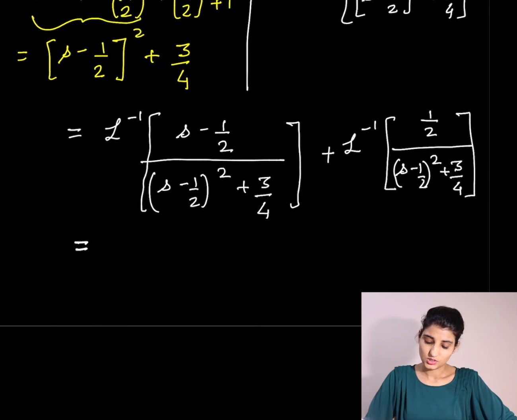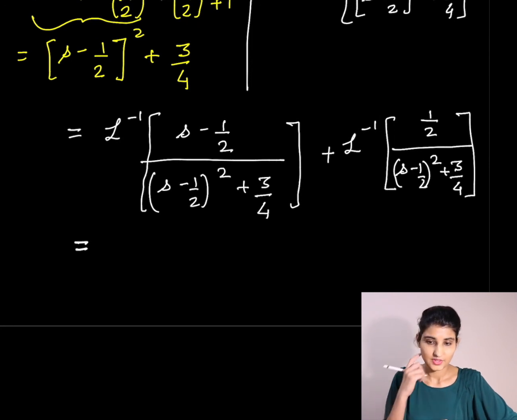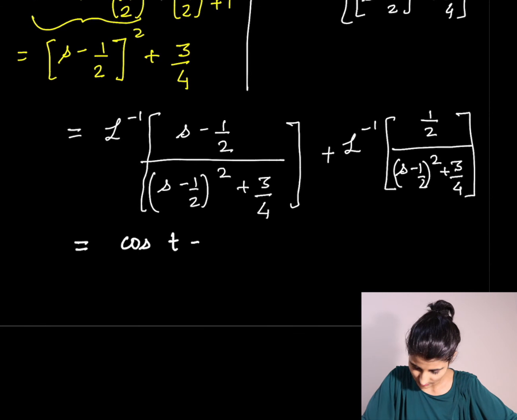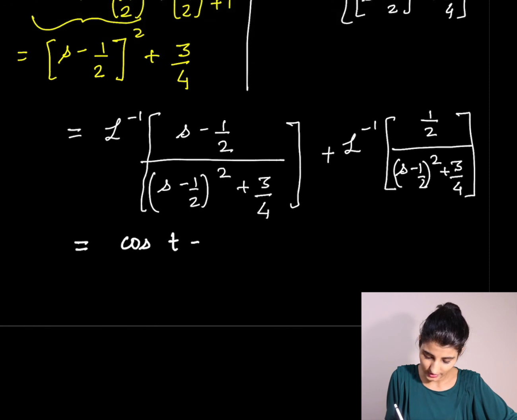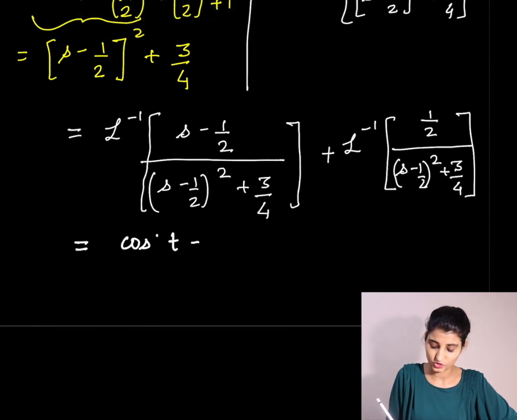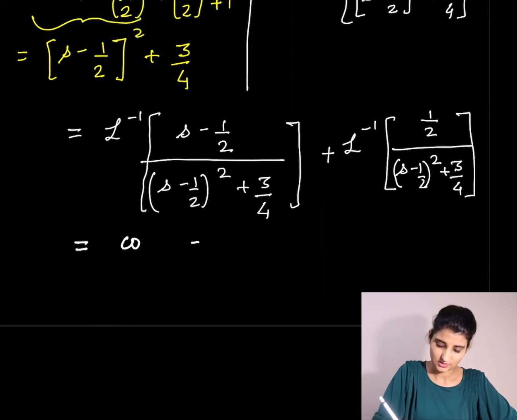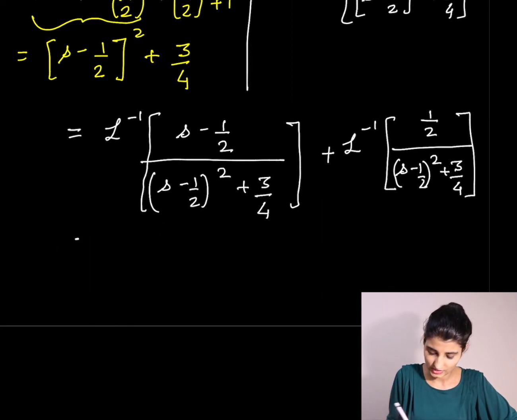So the first term gives us cosine t, but then there is a shift. The shift is by 1/2, right? So we have cosine of square root 3 over 2 t.